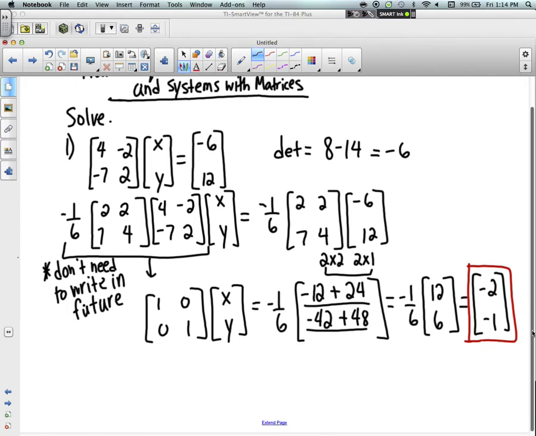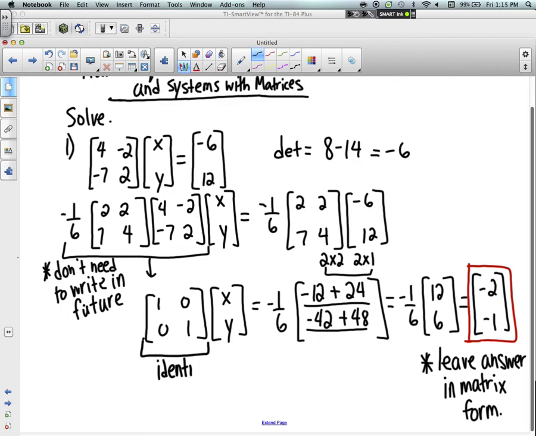And then since this is a matrix equation, we are going to leave our answer in matrix form. So remember, we said the identity matrix is the equivalent of getting a 1x or a 1y in this case. So we've solved for our x and our y values in here.